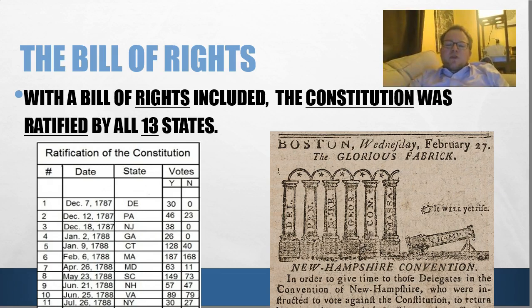It was added in the late 1700s, and a lot of states, particularly Rhode Island, New York, and Virginia, had really close elections. If it was not for the Bill of Rights, they probably would not have ratified the Constitution, or at least not within 3 years.